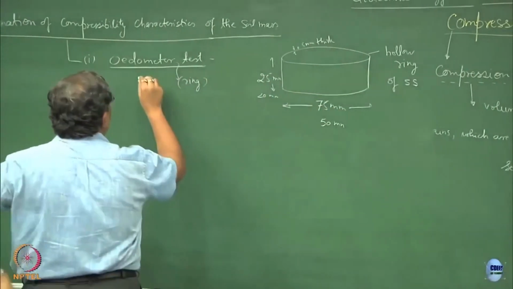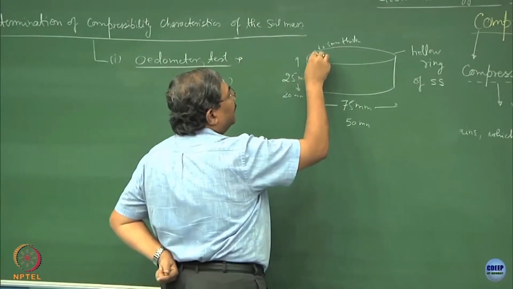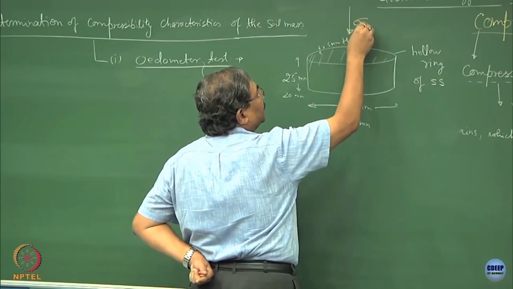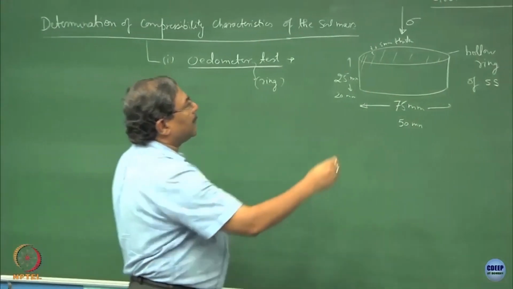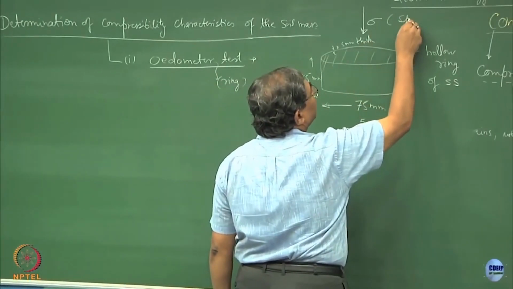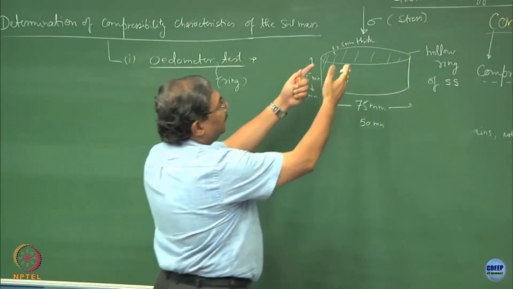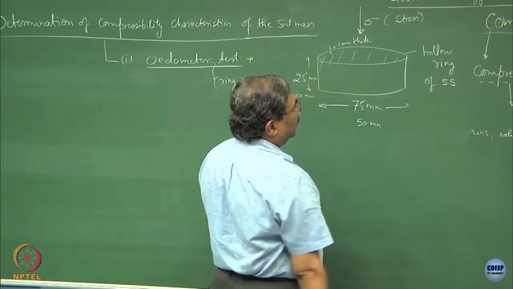So, one is by conducting the oedometer test and filling the soil sample in this ring and then applying a normal stress. Alright. So, sigma is the stress which is applied on the soil sample, which is contained in a hollow ring which is made up of steel.